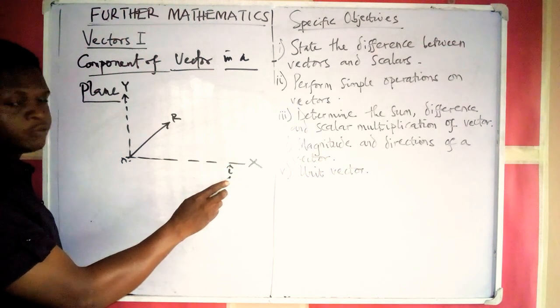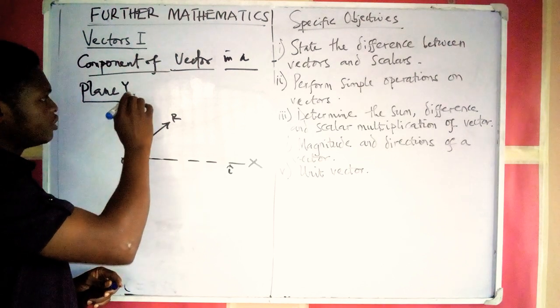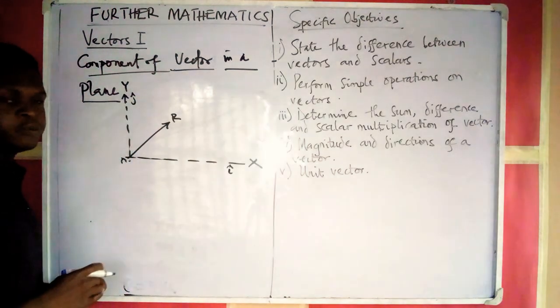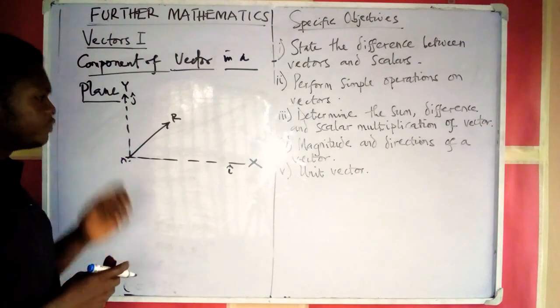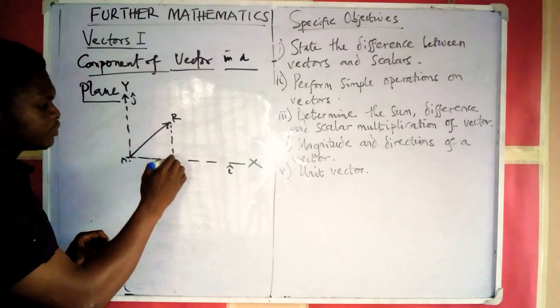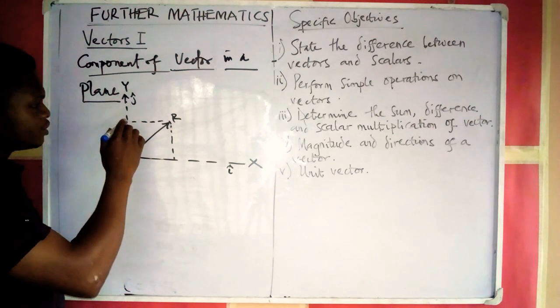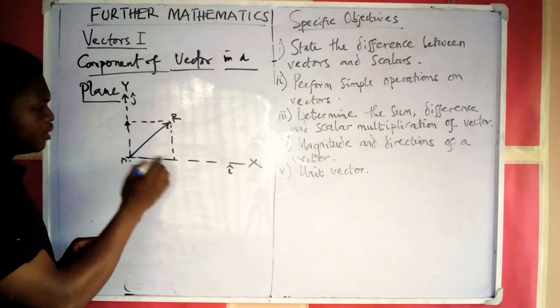We are going to use i to represent the unit vector on the horizontal, and j to represent the unit vector on the vertical.